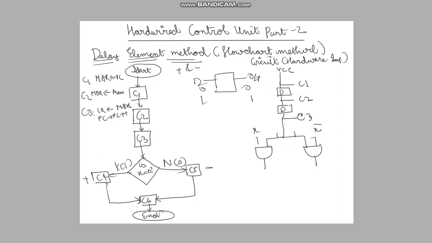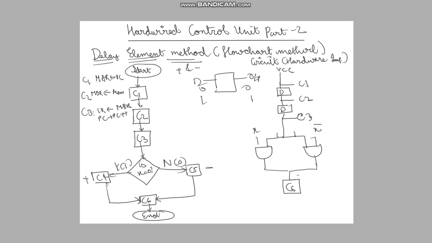Once this has been selected, you're going to go to your C6 stage. So do you think this is right? Here we split it because you had a common input to both of them, but you can't have a common output to both of them. So this is not going to be right.